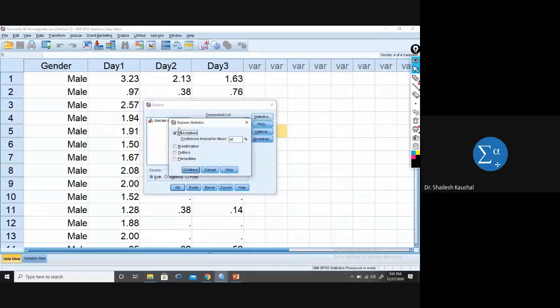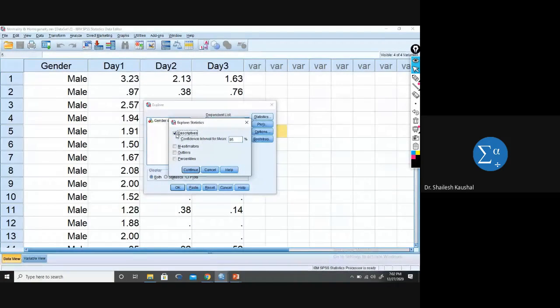By default it is giving descriptive. Whenever you read the term descriptive, it means this term is talking about central tendency, measures of dispersion, and distribution. Distribution means skewness and kurtosis. Measures of dispersion means range, interquartile range, variance, and standard deviation.